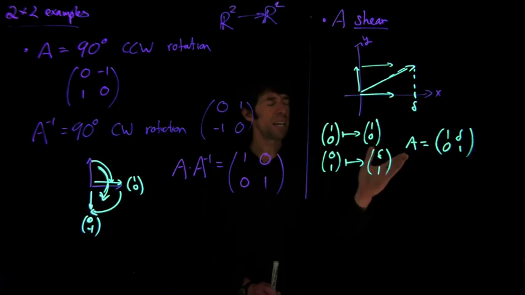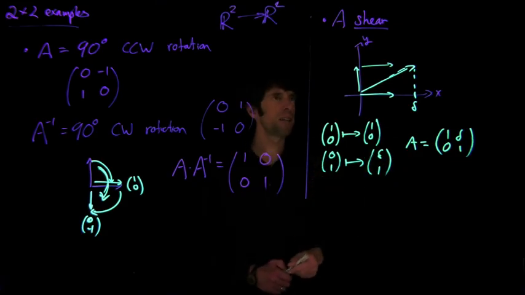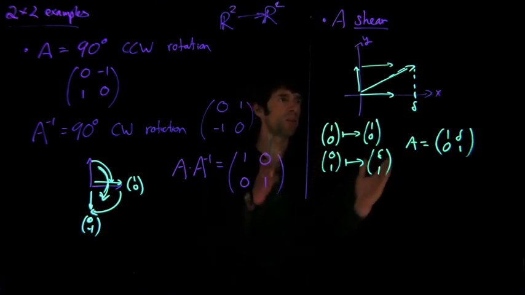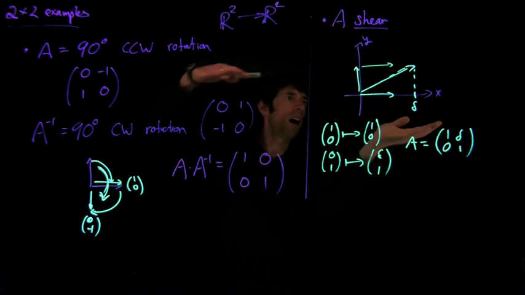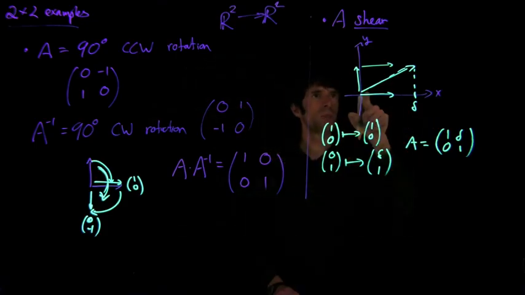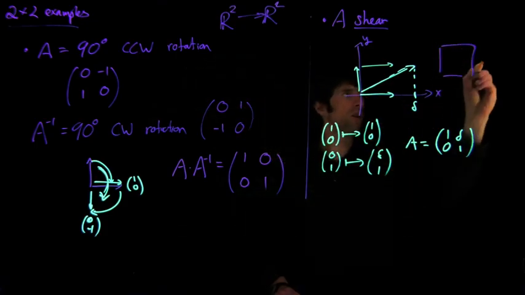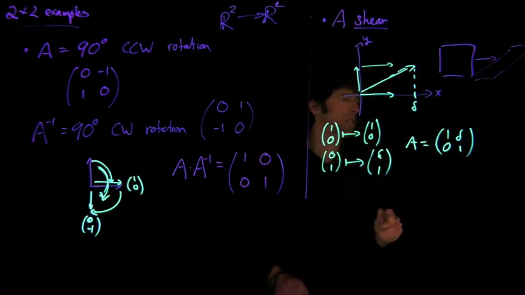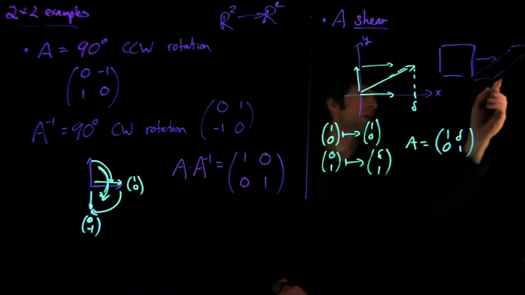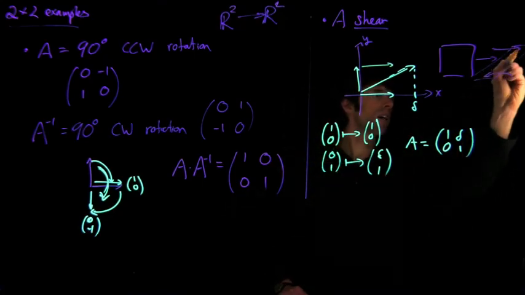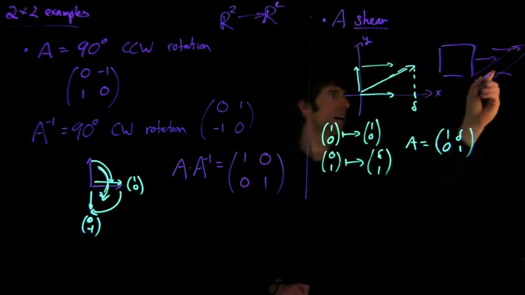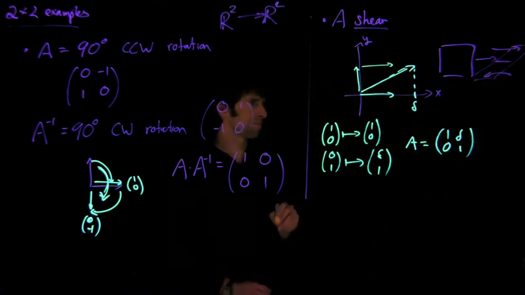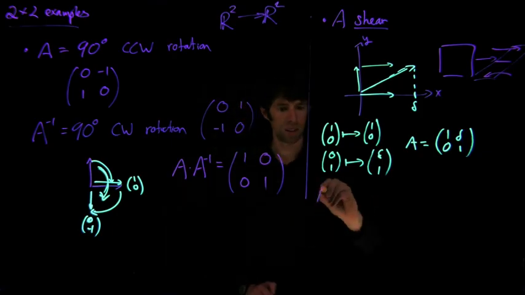Now, the inverse, the transformation which undoes this, is going to be the shear in the opposite direction. So this shear took a box and turns it into a skewed box where the bottom is going to the left and the top is sliding to the right, and the middle stays exactly fixed. And so the inverse does the opposite.